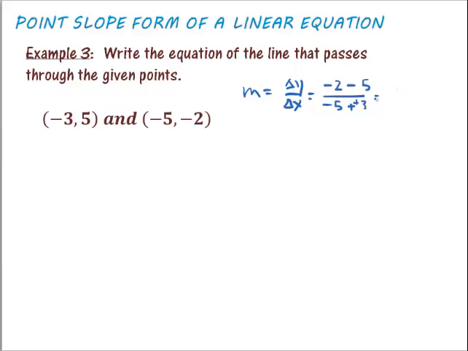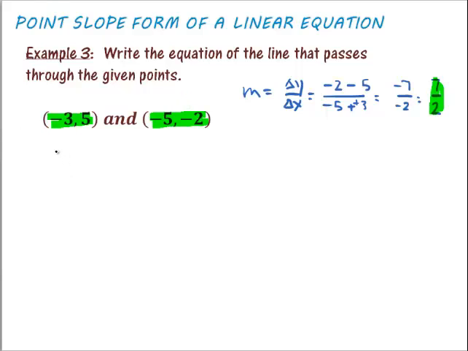And when I work that out, I get negative 7 over negative 2, which is just positive 7 over 2. So now I have the slope, 7 over 2, and I'm going to just use the first point or the second point, whichever I want to, and put it into my equation.